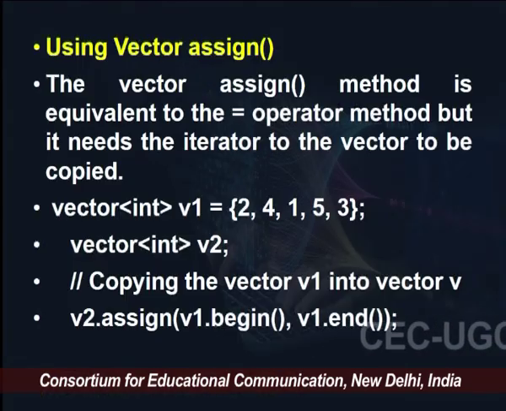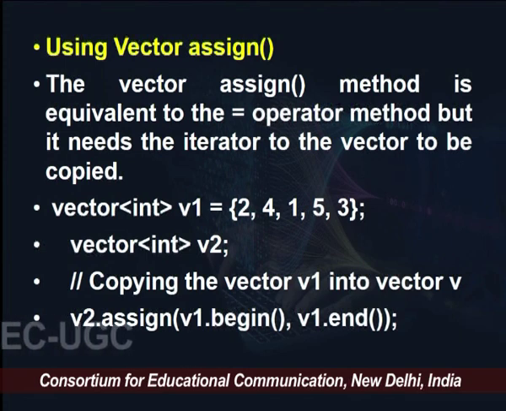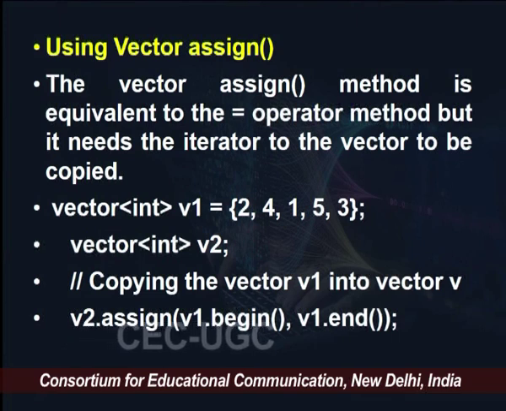Then another way of copying the elements of one vector into another is the assign method. This method is equivalent to the assignment operator, the equals to operator, but it needs the iterator to the vector to be copied.